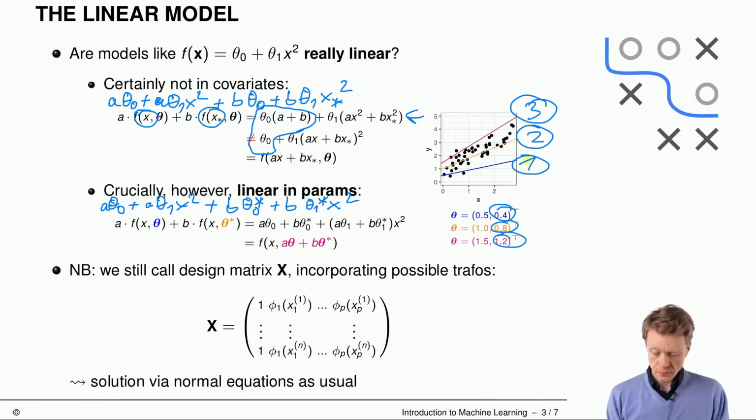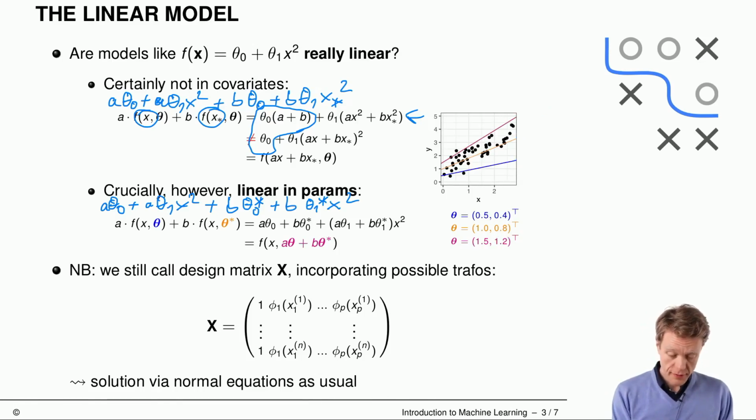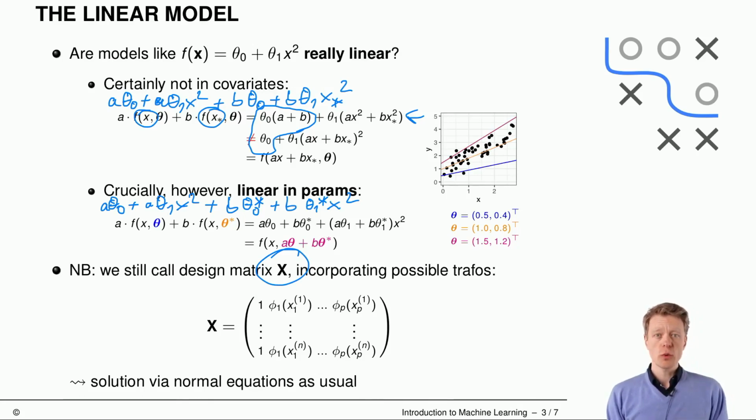Okay. And then in the end, we can still speak about the design matrix X, which incorporates all the possible transformations. So we have still a design matrix where the first column is the intercept column, and then all the other columns are just the transformations of the feature values.